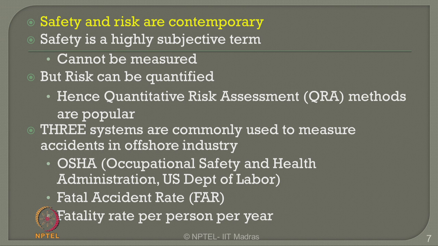OSHA, which is the Occupational Safety and Health Administration of the United States Department of Labor, prescribes a method to measure accidents in the offshore industry. You can also measure accidents by a technique called fatality accident rate, which is called FAR, or alternatively you can measure accidents by fatality rate per person per year in the company.